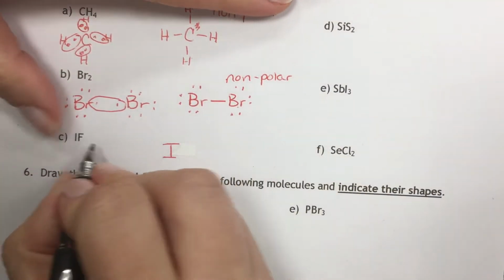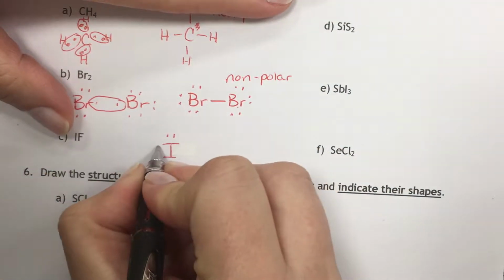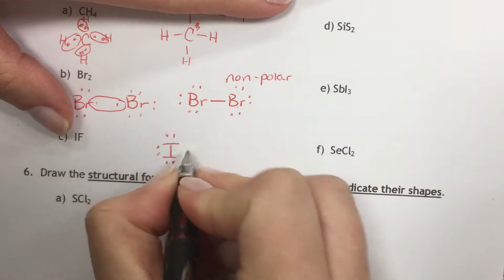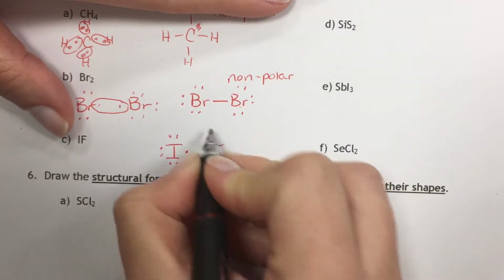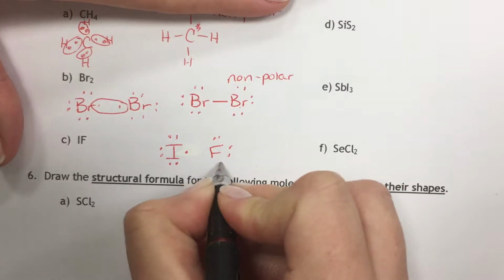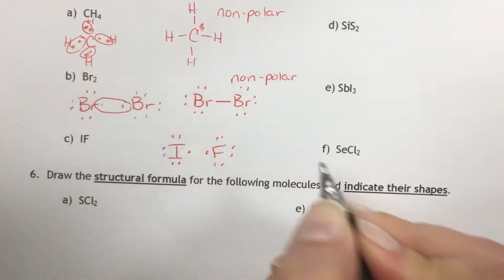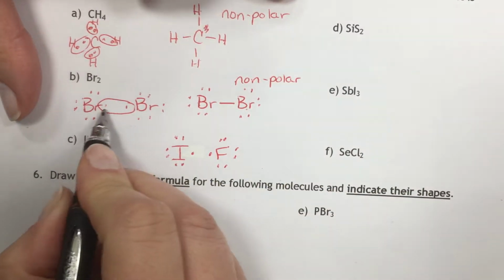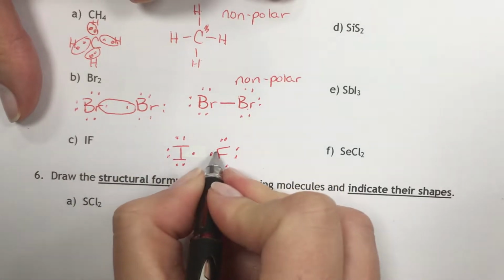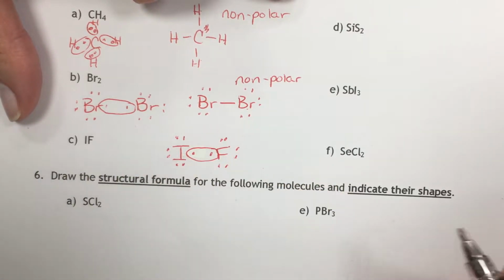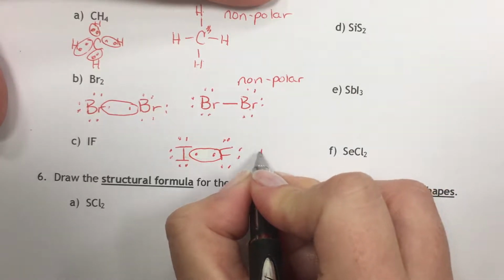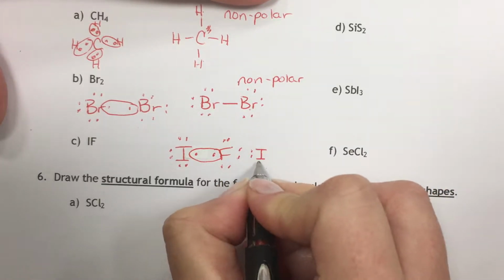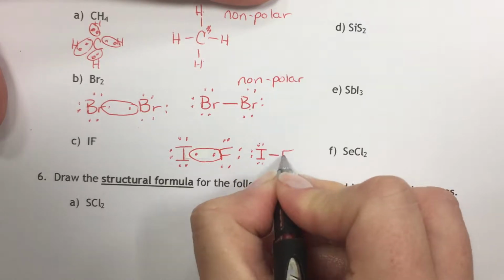Iodine has 7 valence electrons. Again, I like to leave the vacancy in the middle. It's not like you're going to be counted off if you don't have it in the middle. It's just easier when you're drawing this circle. So they're going to share these 2 middle electrons, making the molecule look like this.